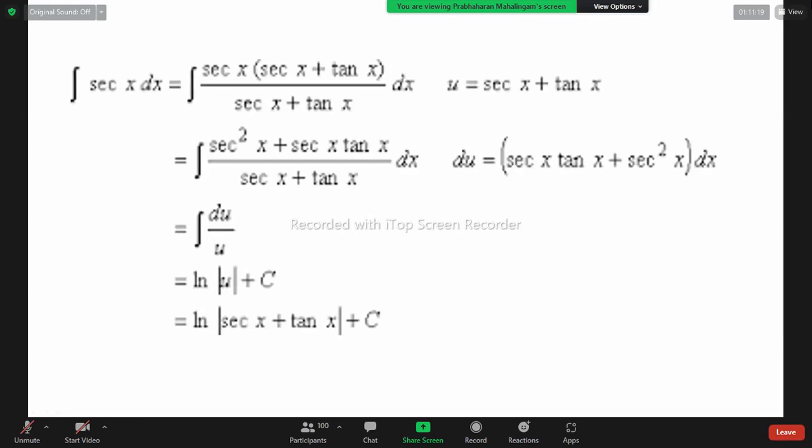Here, one very big question. Multiply and divide by a constant. You see, sec x and tan x, sec x plus tan x. Multiply and divide, and do it and get the answer here. Very difficult, but no need for this one, I will tell you. A constant thing you will multiply and a constant thing you will divide.